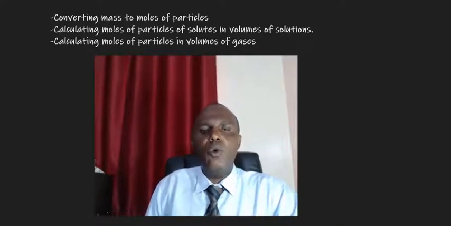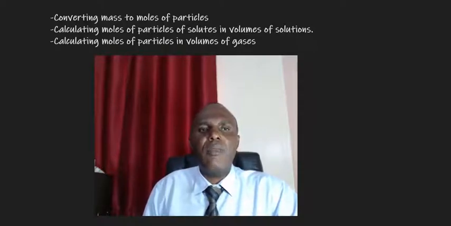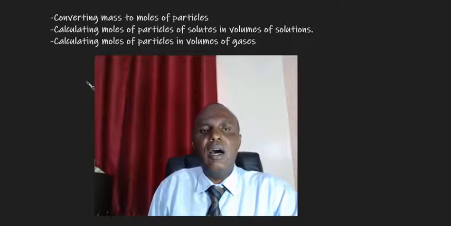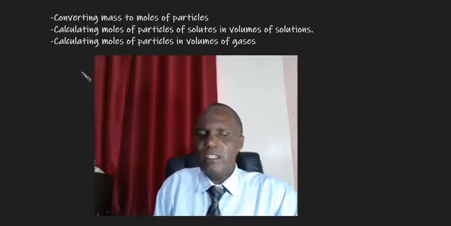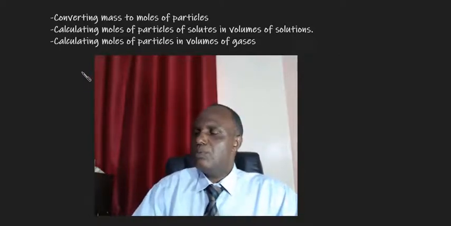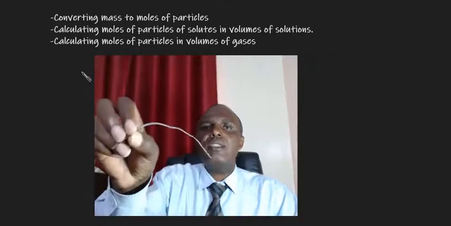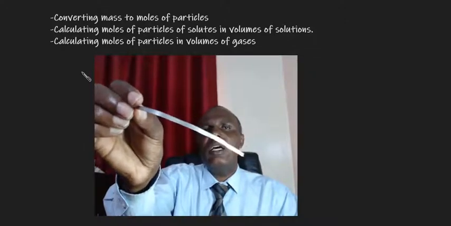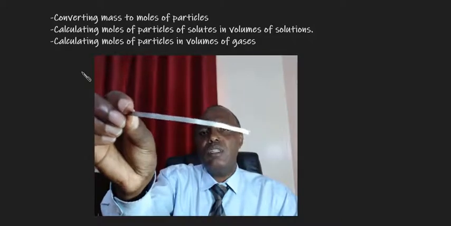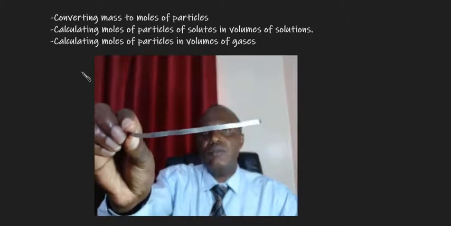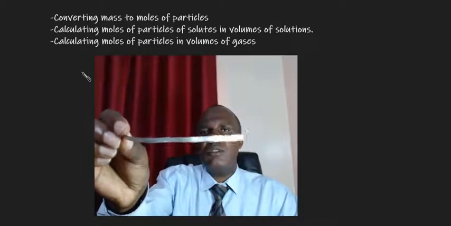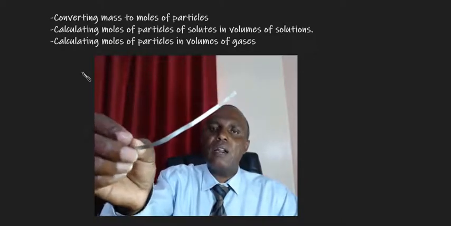And right now, I would like us to look at this piece of magnesium metal. This metal is 0.3 grams. I would like us to count the number of atoms in this piece of metal. We want to know how many moles of atoms are in it.